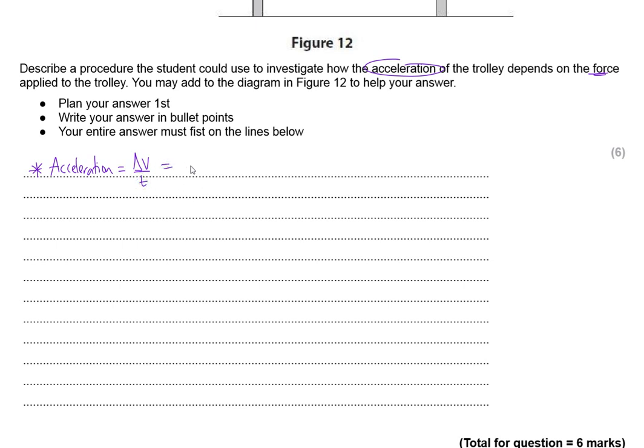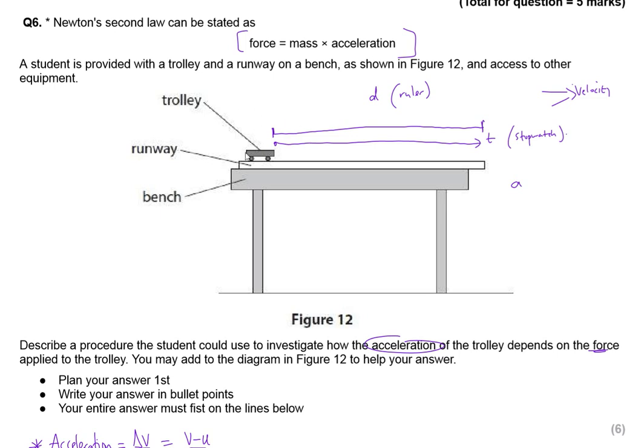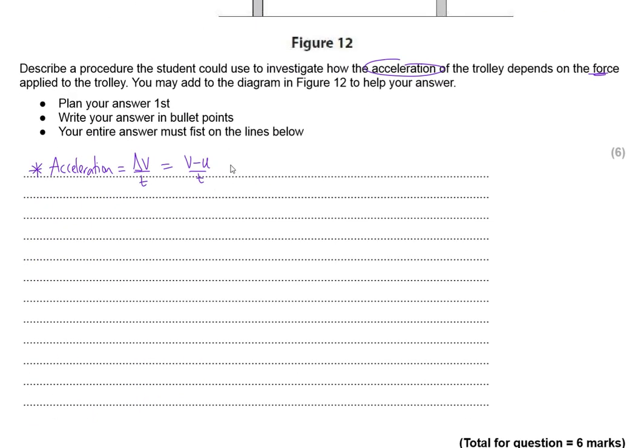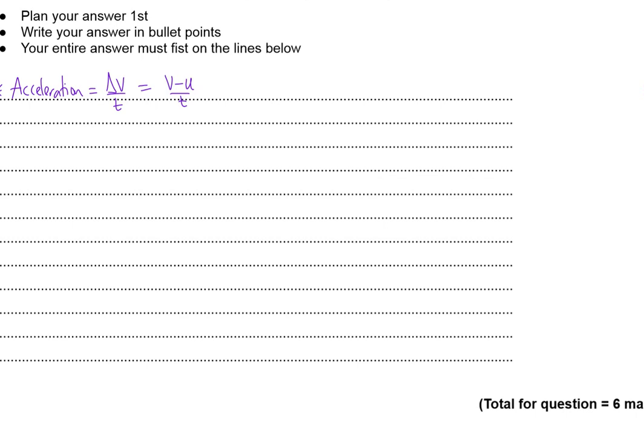Now, to be more precise, it's going to be the final velocity take away the initial velocity, over the time. Since the car is not moving at the start, the initial velocity is going to be 0. I'll just leave it there, so we don't confuse people. Now, how are we going to work out the other part? Velocity is going to be the distance per time.